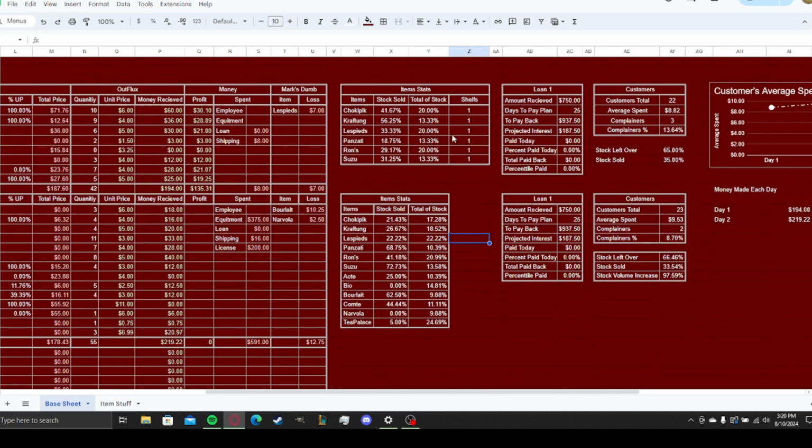So there's that. What else is there? Percent of stock sold, percent of total stock. These numbers, like I said yesterday, are changing a lot more rapidly because of the fluctuation throughout days. Percent of their stock sold. Is this right?